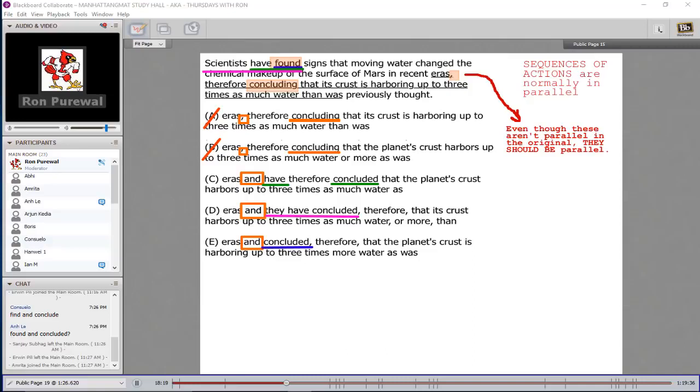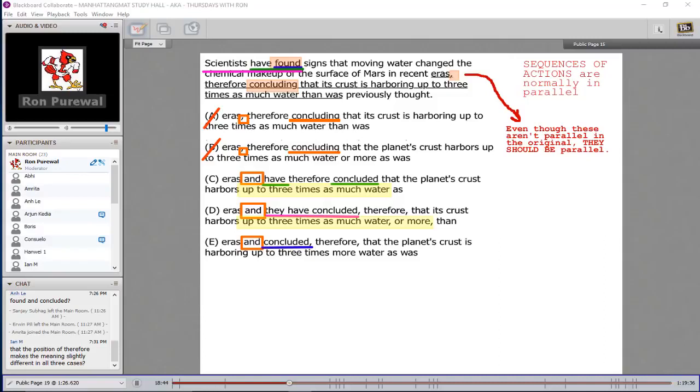The intended meaning, like, what are we trying to say about the amount of water in the crust of Mars? Therefore is not the focus right now. You could look at that too, but what I'm looking at for the moment at least is this, this, and this.